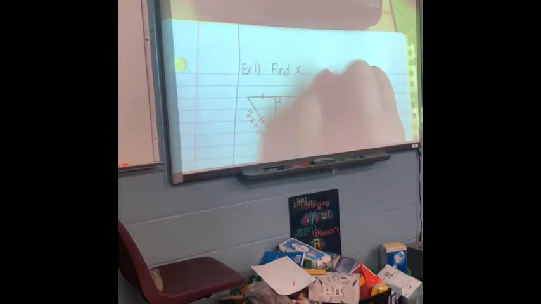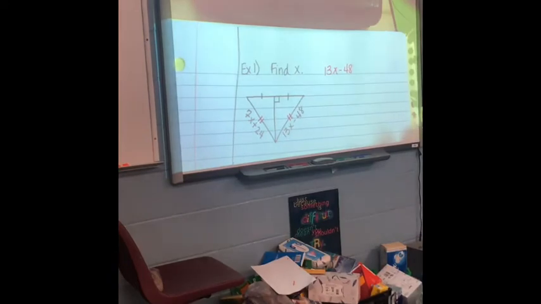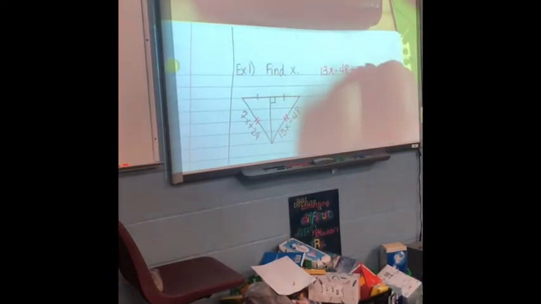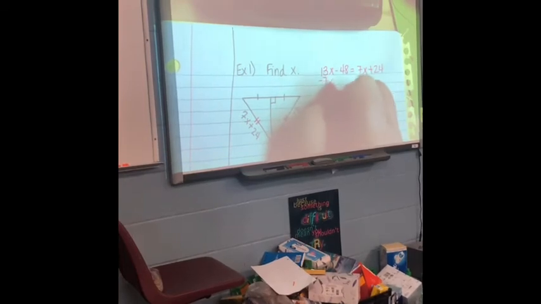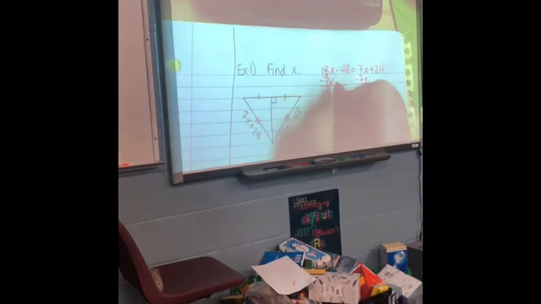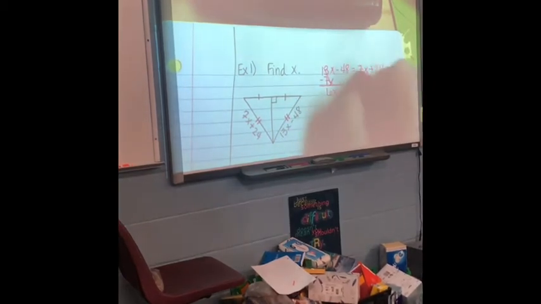Equal. So that means I can say 13x minus 48 is equal to 7x plus 24, and now I can solve for x. I can subtract 7x from both sides. I'm left with 6x minus 48 equal to 24.